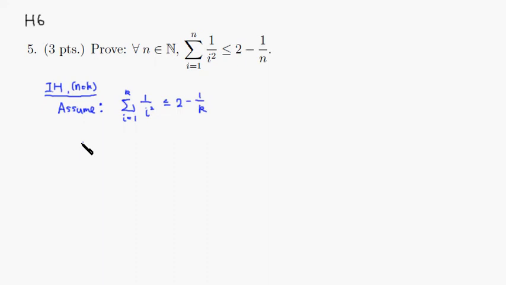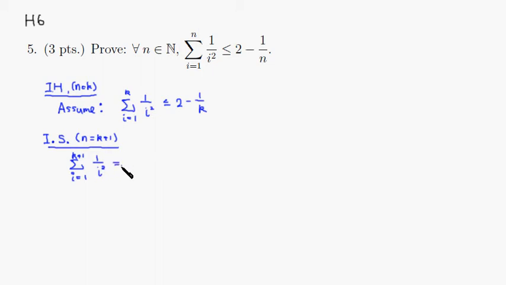Then if you do an induction step, we need to prove that when n equals k plus 1, the inequality is still true. So let's look at the summation, i goes from 1 to k plus 1, of 1 over i squared.